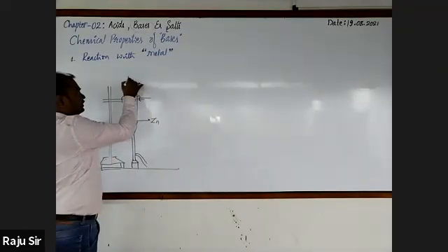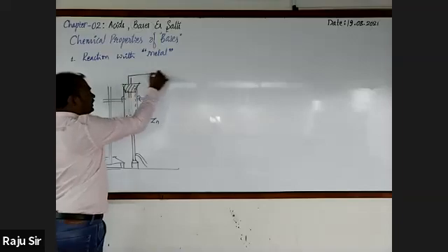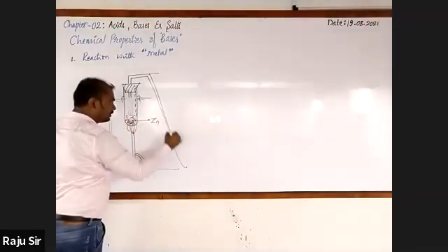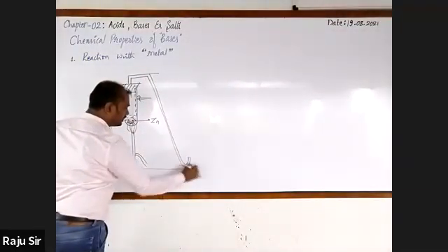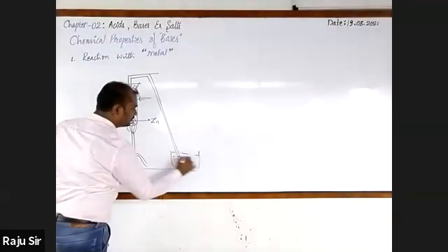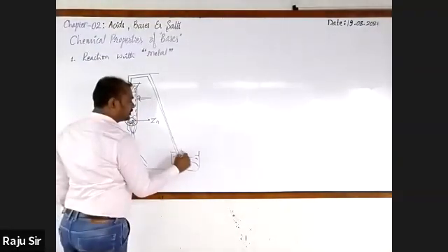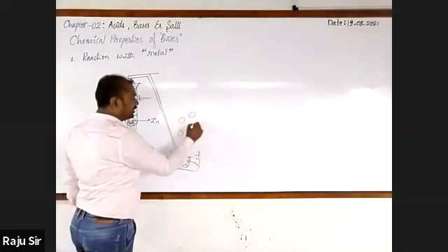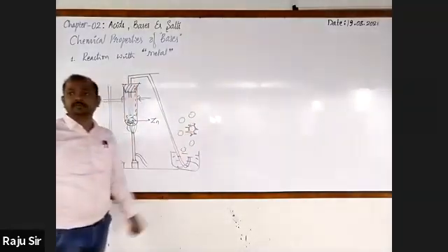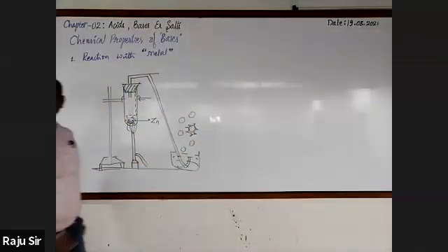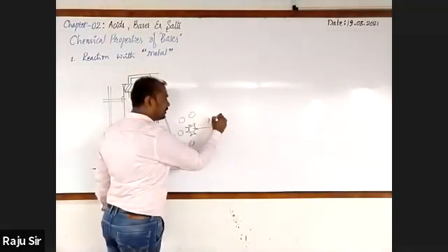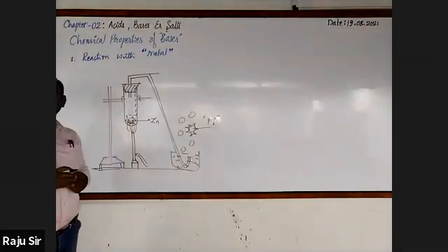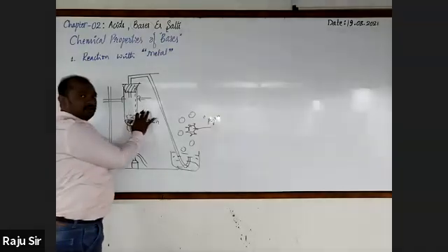Then we take a delivery tube, and one end of it is inserted into the cork and the other end is taken into the glass beaker or a tumbler containing the soap solution. Then the bubbles will come out which are filled with gas. When we bring a lighted matchstick nearby, these bubbles burst with a pop, which means that the gas is hydrogen gas.